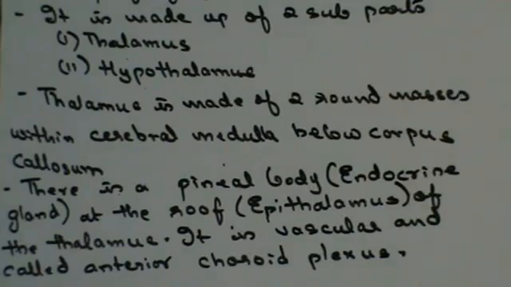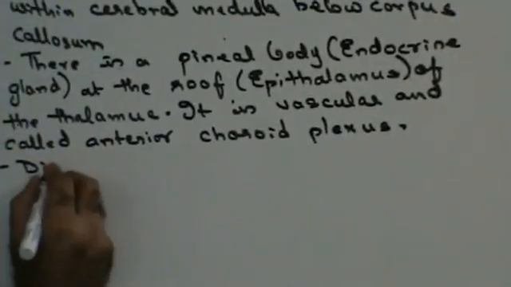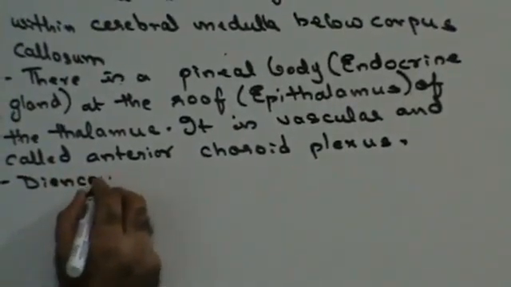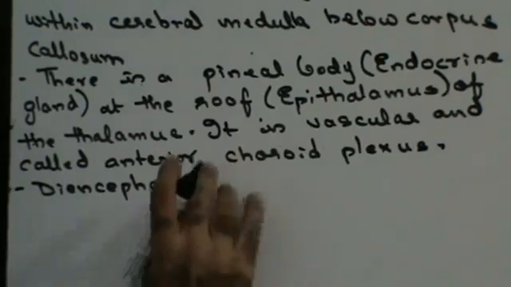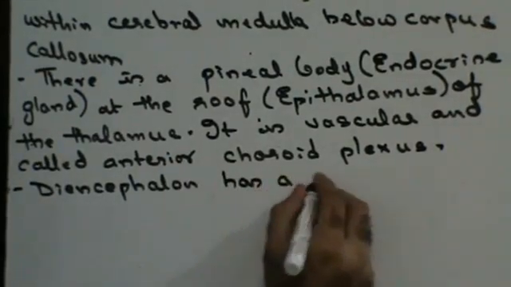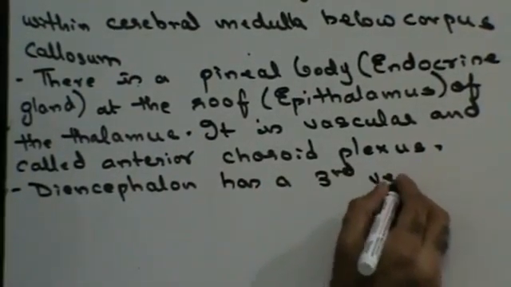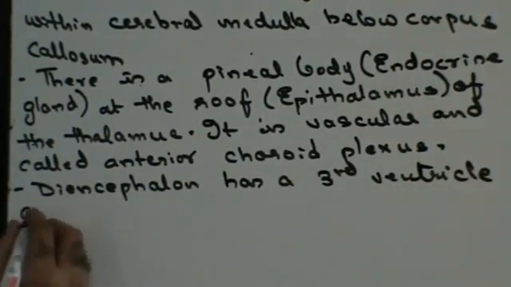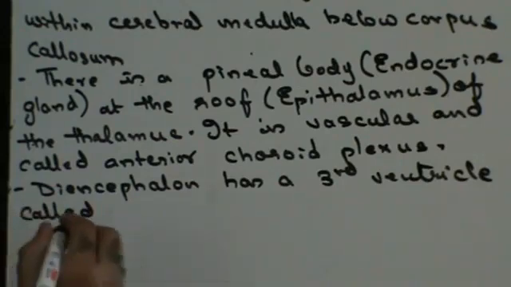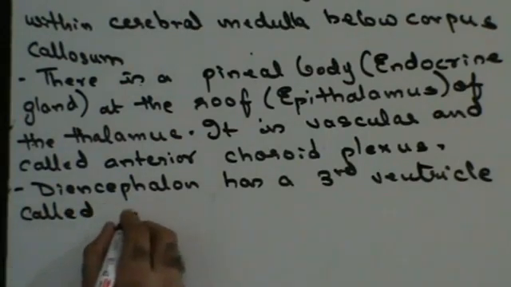So the diencephalon has a third ventricle called the diocoel.